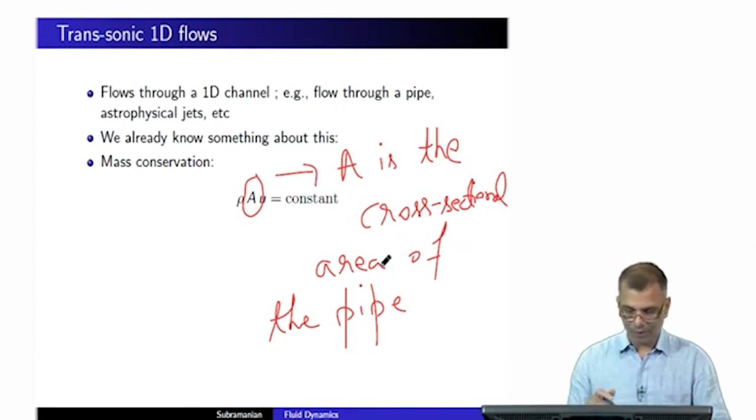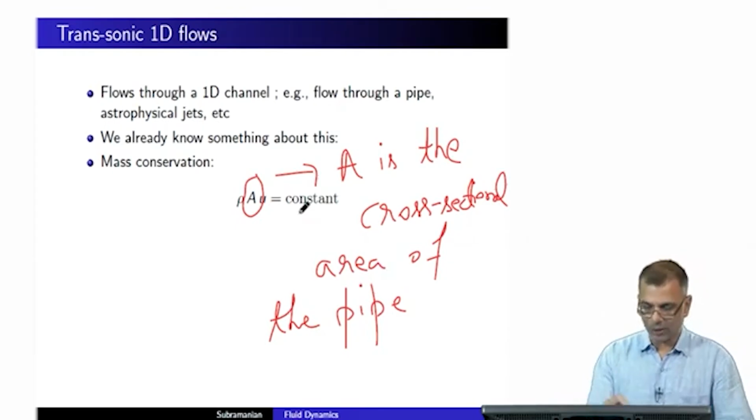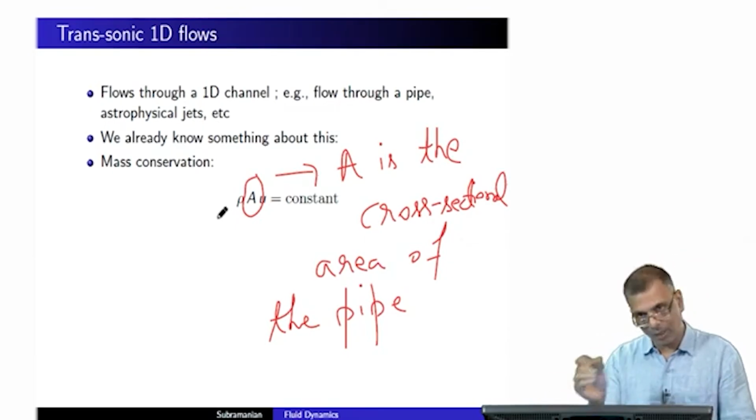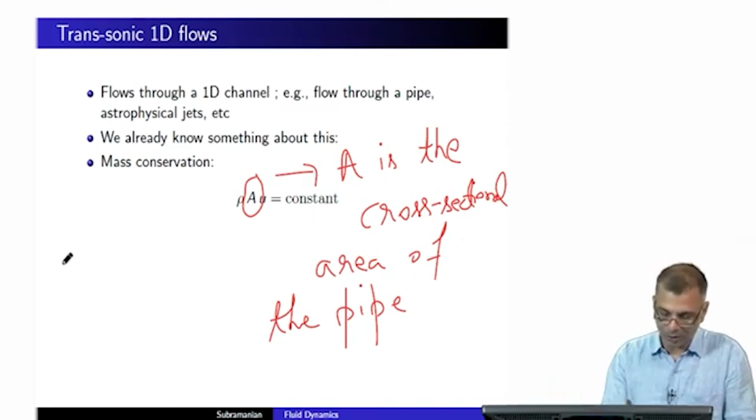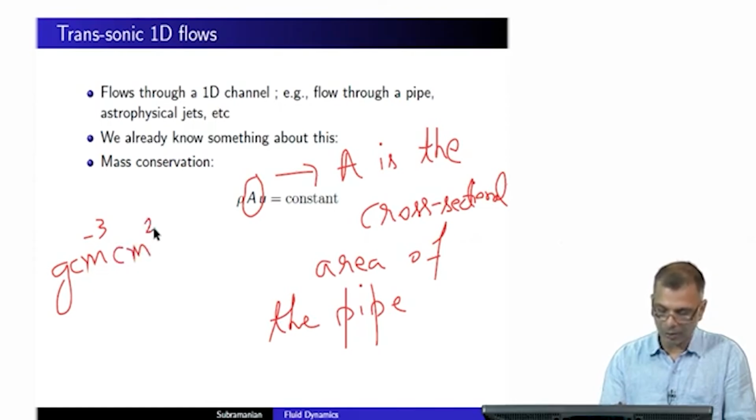This is the main thing. And what exactly does this represent? Again, dimensional analysis: rho is something like grams per centimeter cubed, A is an area, so centimeter squared, and U is centimeter per second.